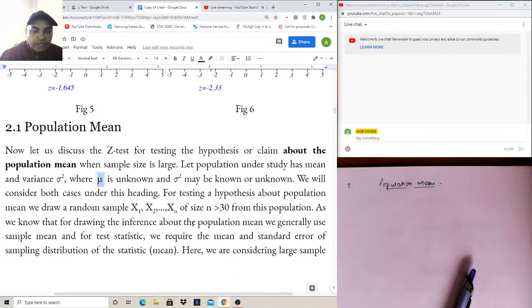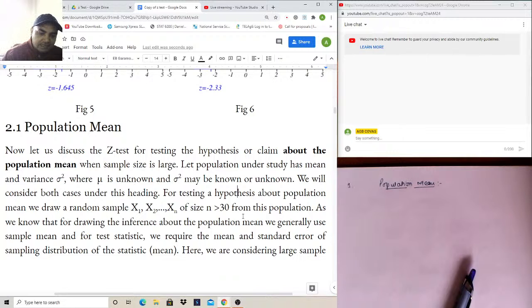For testing a hypothesis about the population mean, we can draw random samples x1, x2, ..., xn, where n is greater than 30, from this population. As we know, for drawing the inference about the population mean, we generally use the sample mean.